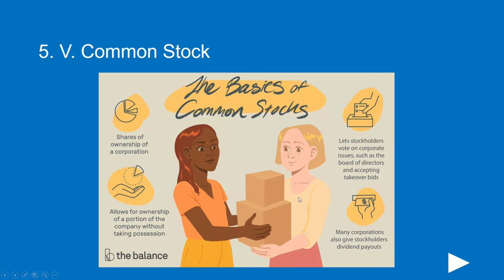Most of the time, stockholders receive 1 vote per share. Stockholders also receive a copy of the corporation annual report. Many corporations also give stockholders dividend payout. This dividend payout will change based on how profitable the company is.